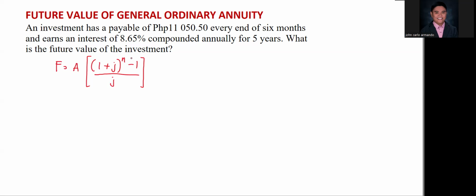First, we have to solve for J. And to solve for J, we have the formula J equals (1 plus R) raised to C, minus 1.